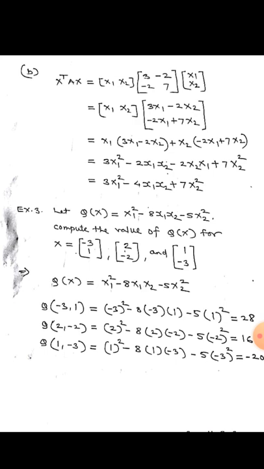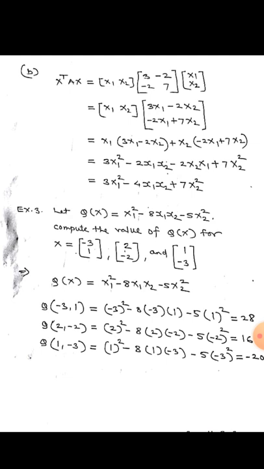Next, for the second vector 2, minus 2, we substitute x1 equal to 2 and x2 equal to minus 2: 2 square minus 8 into 2 into minus 2, minus 5 into minus 2 square. 2 square is 4, and minus 2 square is also 4. If we do the algebraic addition, the simplification is 16.